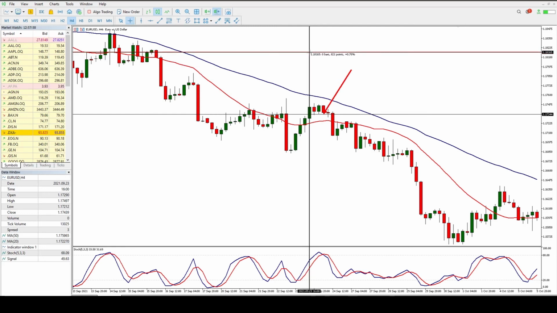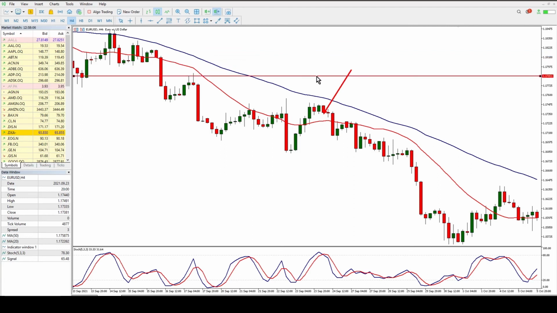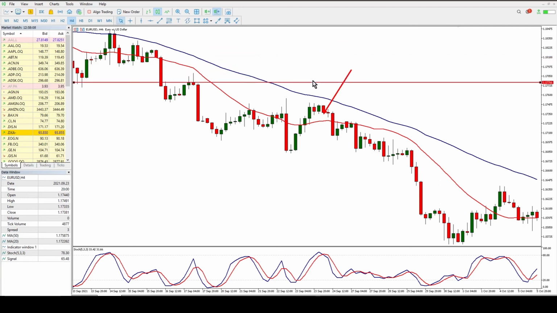Now the options we have is, obviously, we could bring this stop lower. We could say that our stop level is here, but then we increase the probability of the market moving back to this area before moving down. These are just considerations that you have to take into account.